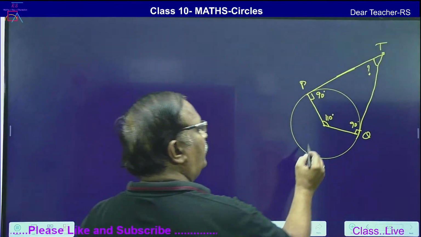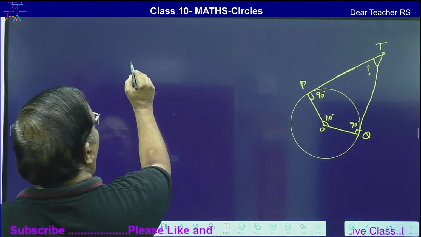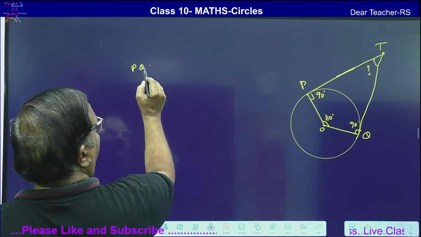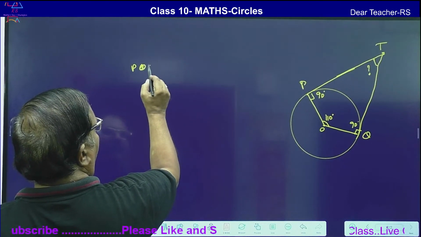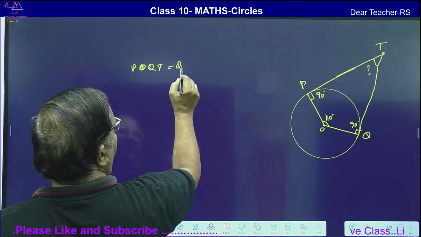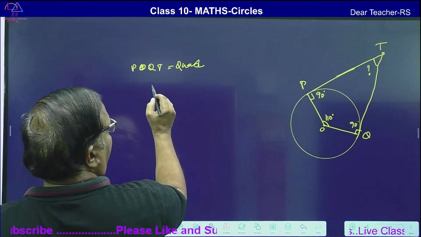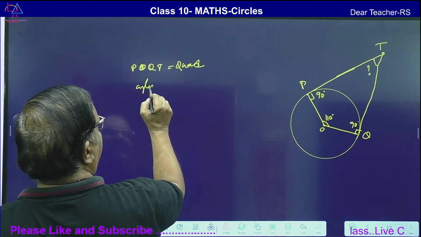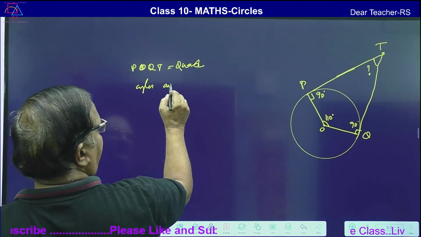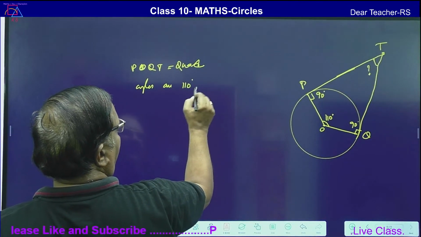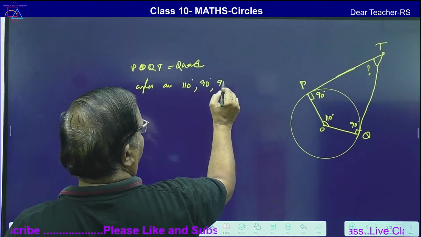This is O. POQT is a quadrilateral. Now known angles are 110, 90, 90.